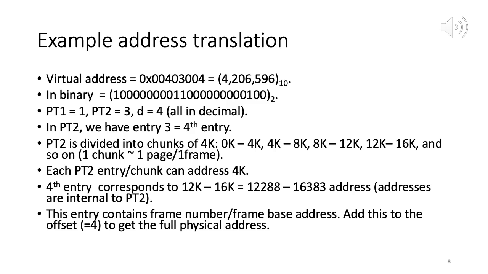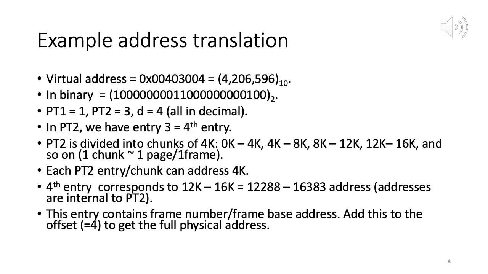Which means in the outer or main page table, we have to look at entry 1, which is the second entry. If you see the previous slide, entries start from 0 and go all the way to 1023. So we have to look at the second entry in the outer page table, which will point us to the appropriate inner level page table.